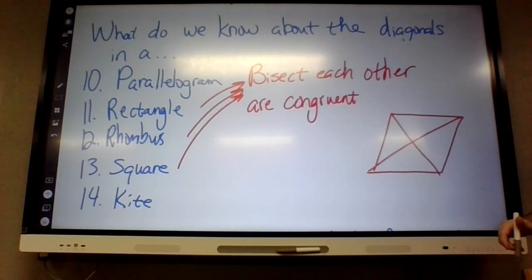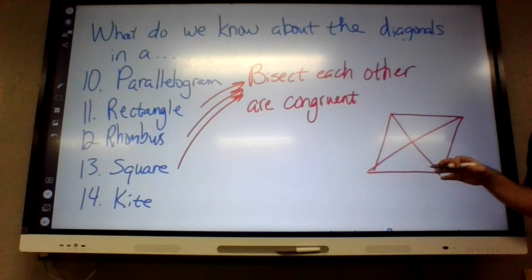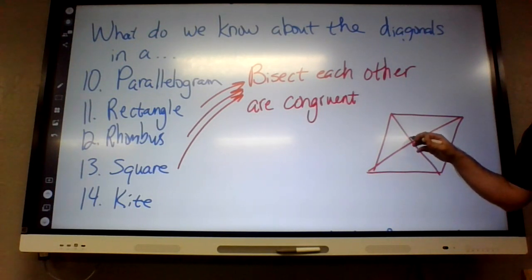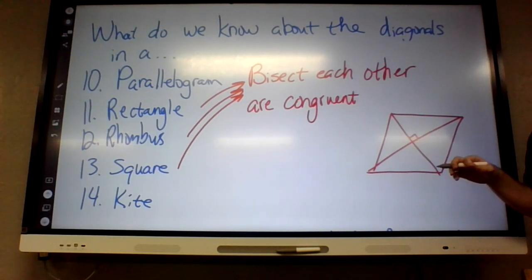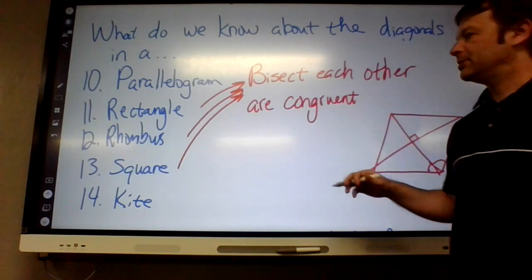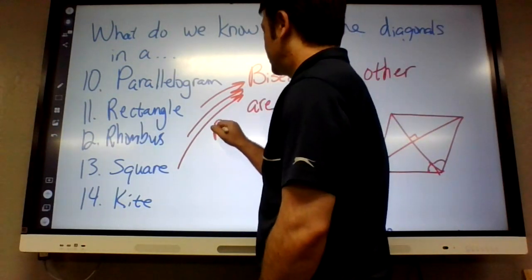Does anybody know what we know about the diagonals in a rhombus? They're not gonna be equal. Okay, they're perpendicular and they do bisect the angles. All the angles. So they're perpendicular and they're angle bisectors.